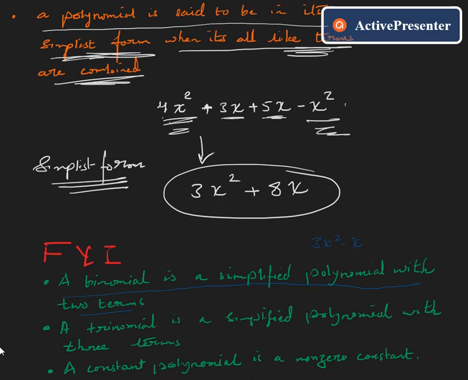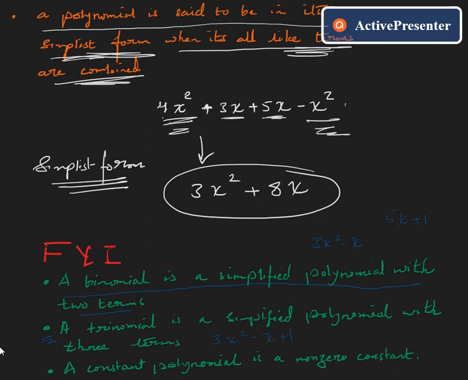If I say to you also 5x plus 1, this is a binomial. A trinomial is a simplified polynomial with three terms. So let's give you an example of a simplified polynomial with three terms. Let's say 3x squared minus x plus 1.